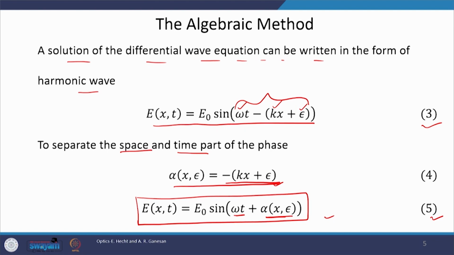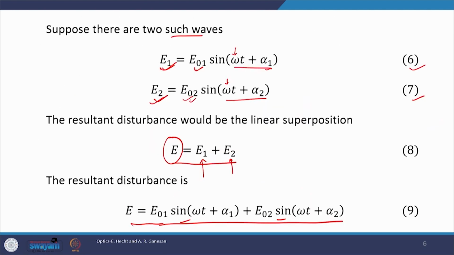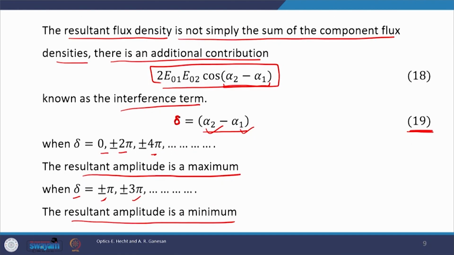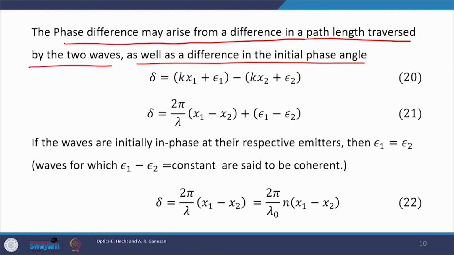Now, with this let us go to equation number 19 again. We will substitute this expression back in equation number 19. After substitution, we will get this expression for the phase. Del is alpha 2 minus alpha 1, which is phase difference. Phase is a relative quantity.